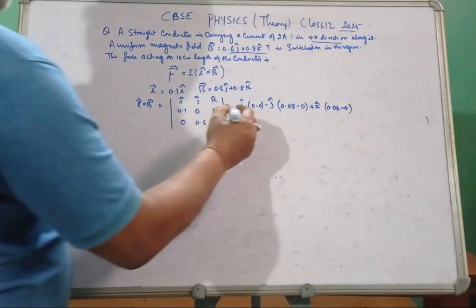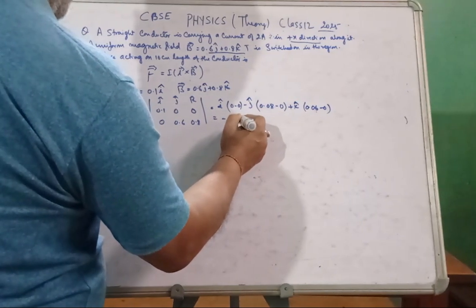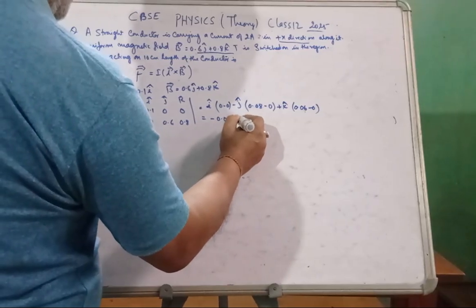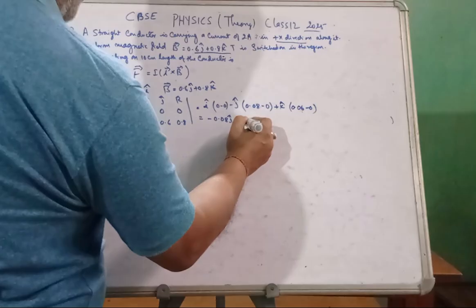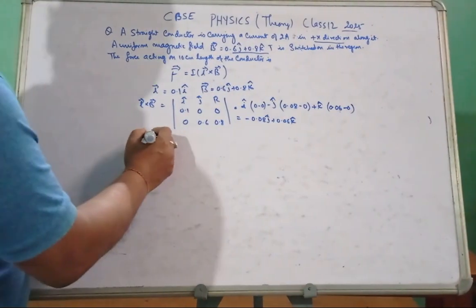So this will be equal to minus 0.08 j cap plus 0.06 k cap.